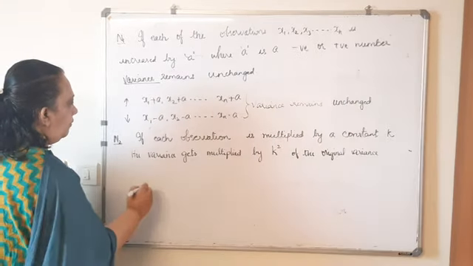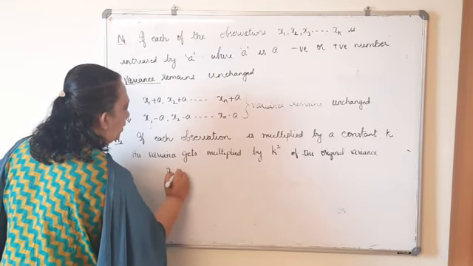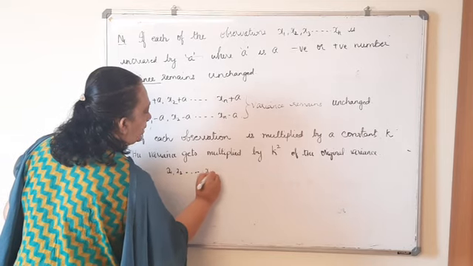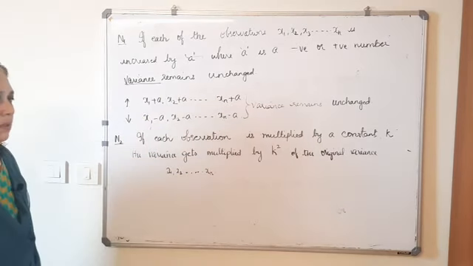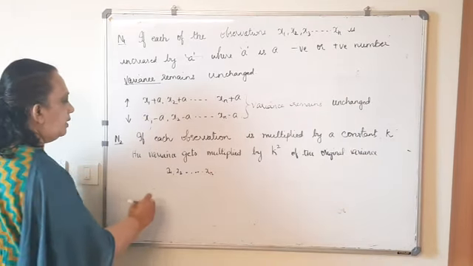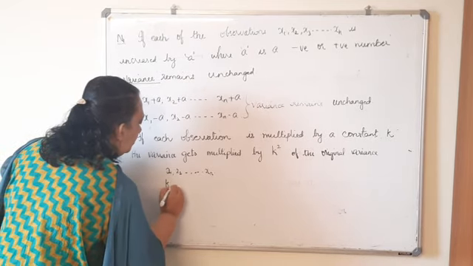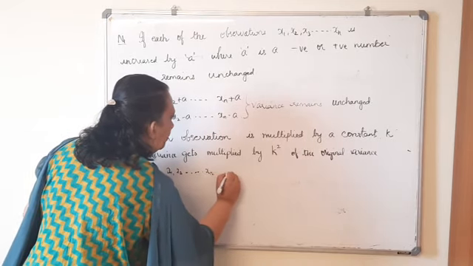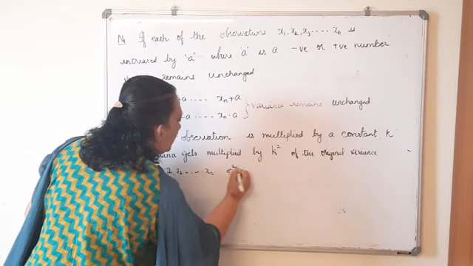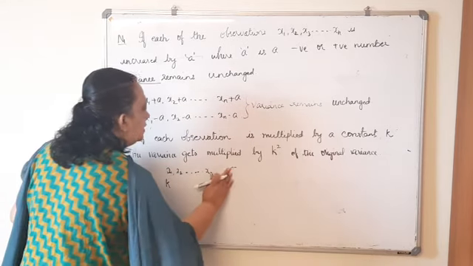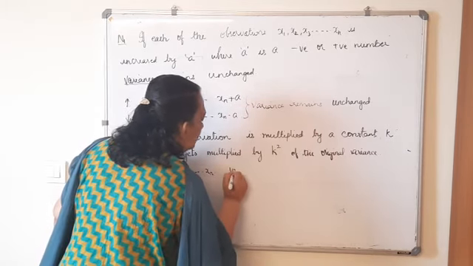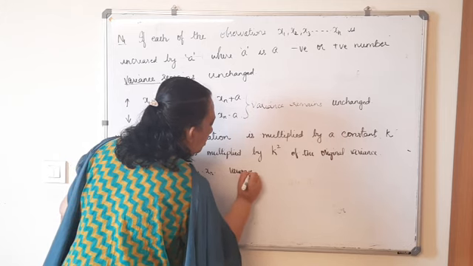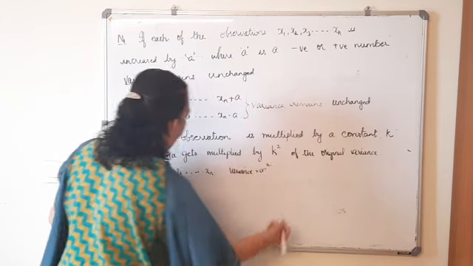That means if you have some observations x1, x2, etc., xn, and let us say the variance is equal to sigma squared.